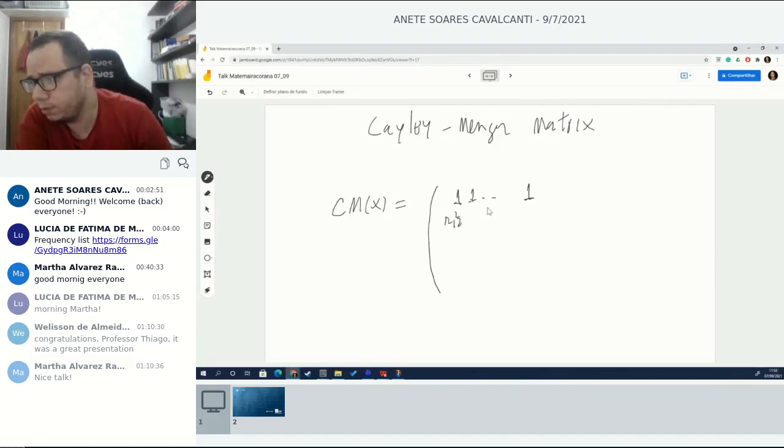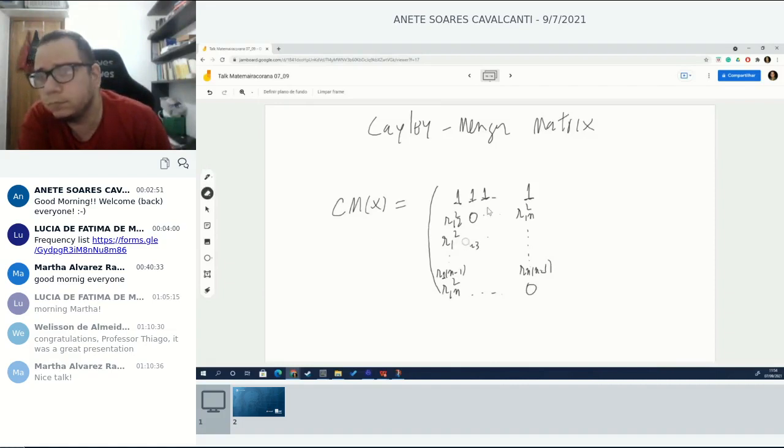The Cayley-Menger matrix of a configuration is given by this R12, R12, 0, R13 square, R1n square, R1n, anyway, you have I'm writing this matrix wrong.